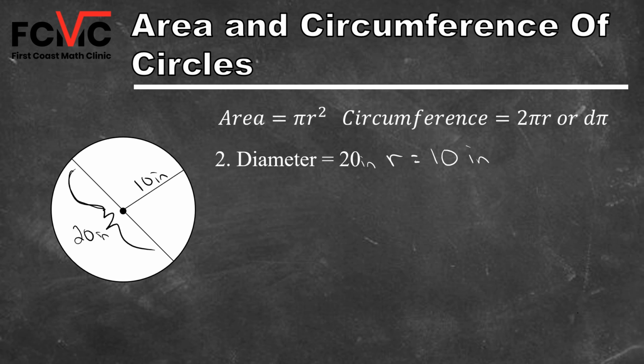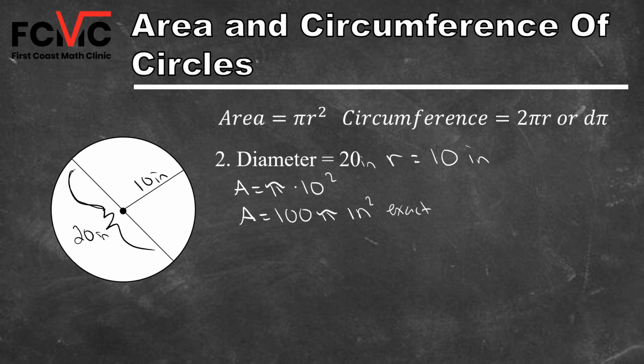And let's start by finding our area. So we've got pi times our radius, which is 10 squared. 10 squared is going to be 100. So we'll have 100 times pi, and then our label is going to be inches squared. So again, this is our exact.